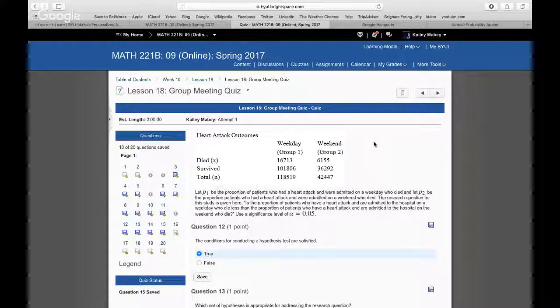Negative 0.002. My z-score was negative 2.023. I don't know what my deal is. Maybe... okay, let's see. Hold on.